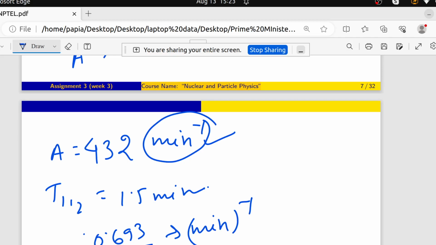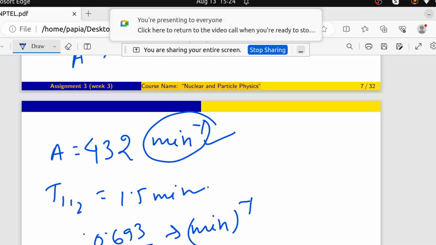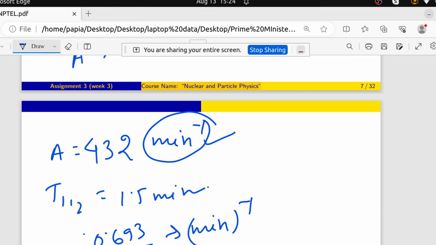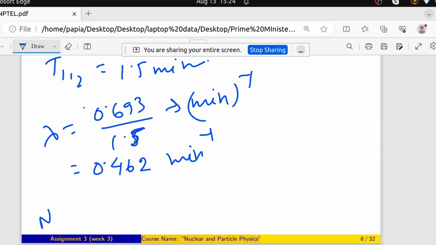If I just calculate, then 0.693 divided by 1.5 is 0.462 minute inverse.